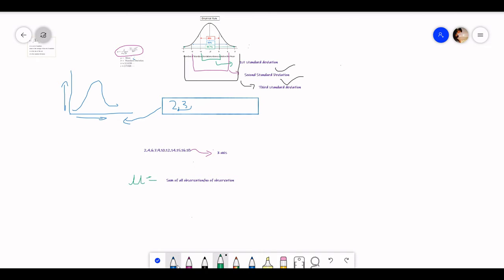Or it can be written mathematically like that, summation of x of i upon n, where i goes from 1 up to n. I already found this value. The summation is equal to 113, and the total number of numbers we have is 11. So it will be nearly 10.27.